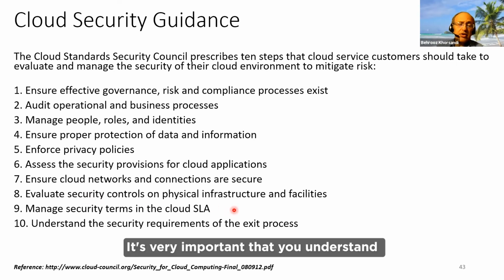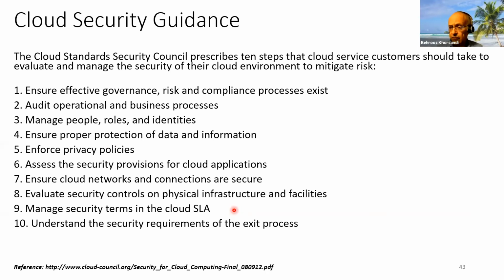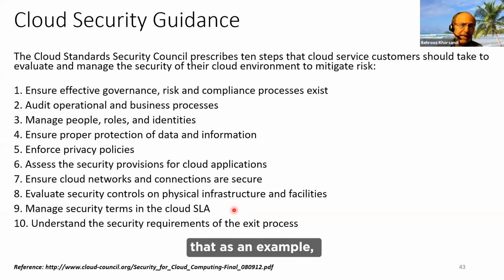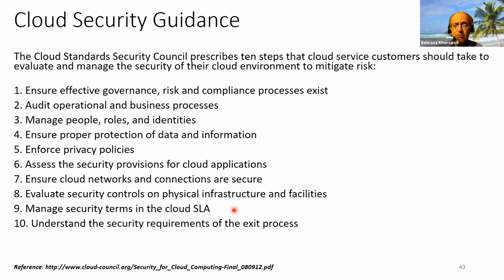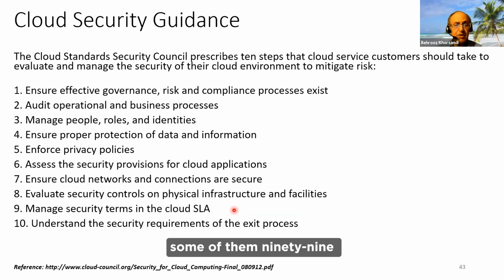It's very important that you understand the security terms in the cloud service level agreements. I can tell you for a fact that, as an example, Microsoft Azure provides a minimum of 99.9% SLA for all of their services. Some of them 99.95%, some of them 99.99%. You need to understand those security requirements and your exit process accordingly.